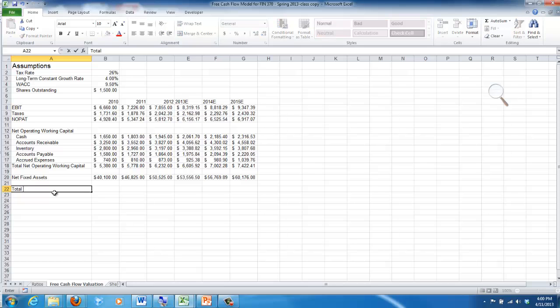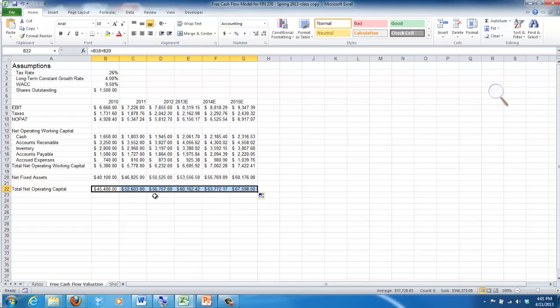Our total net operating capital is equal to the sum of our net operating working capital. Notice the term working, we leave that out down here. Working refers to the fact that they're current assets and current liabilities. Plus our net fixed assets.